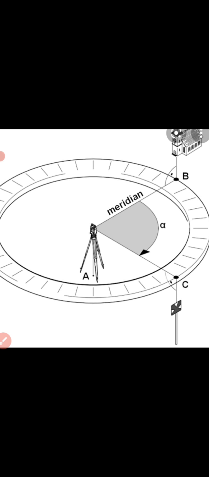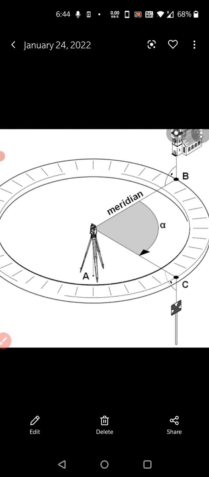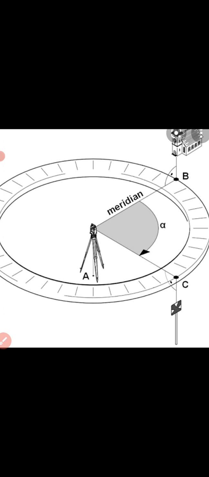In the right face left swing, we have taken the reading CAB 3 times and divided it by 3, and we got the angle. That is how you got the included angle CAB.